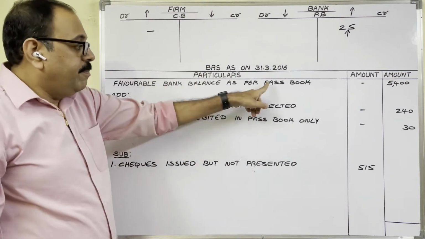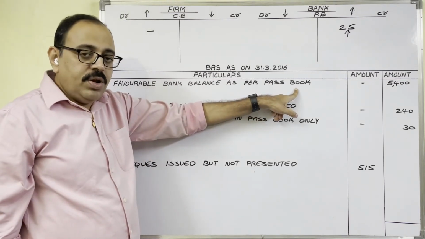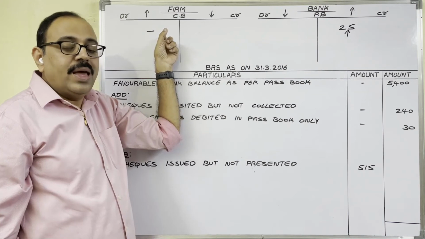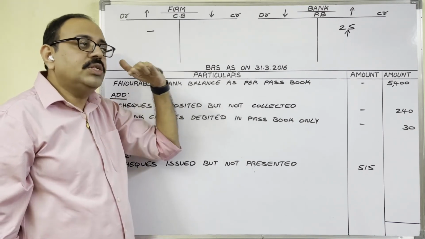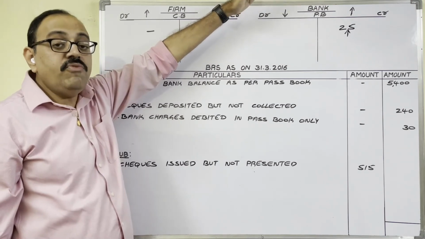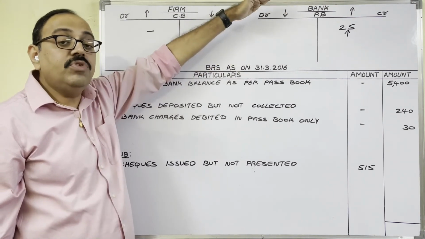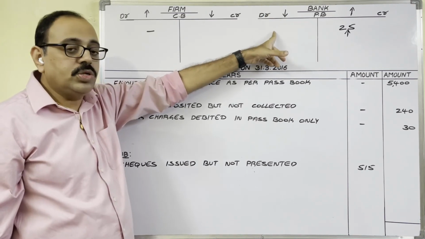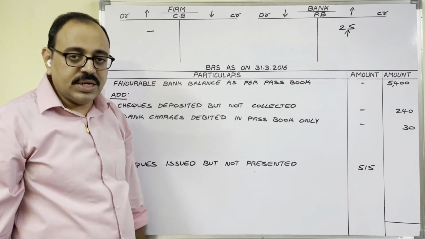Now, bank balance as per passbook is given, no? Therefore, passbook should be adjusted as per cash book. As per cash book, bank balance is constant. But in passbook we increased 25. Now we should cancel that. Means again we should decrease 25. Then finally, as per passbook also, bank balance will be constant.